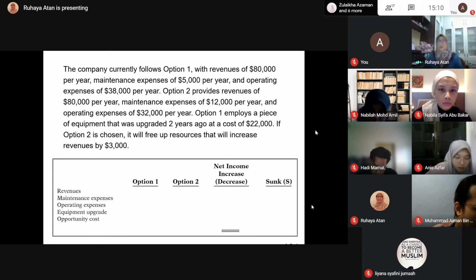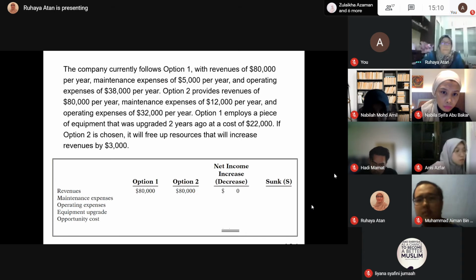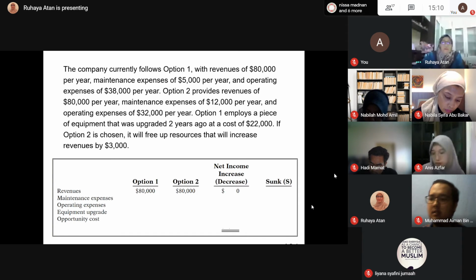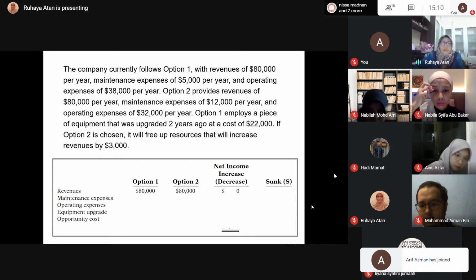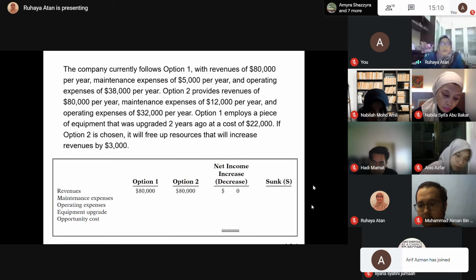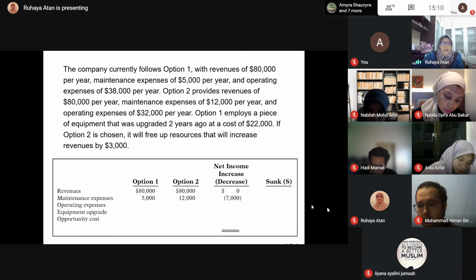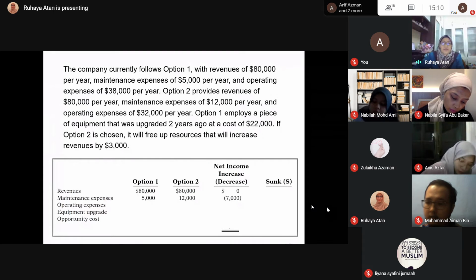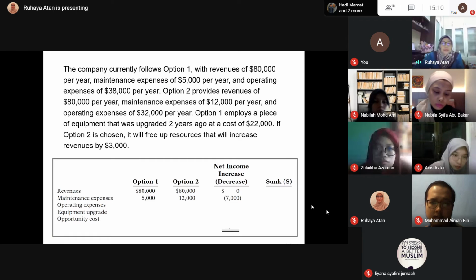What do you think? So first you fill out the revenue, 80,000. So option 1 and option 2, the same, 80,000, isn't it? Yeah. And then it says here that maintenance cost 5,000 for option 1 and 12,000 for option 2, right?